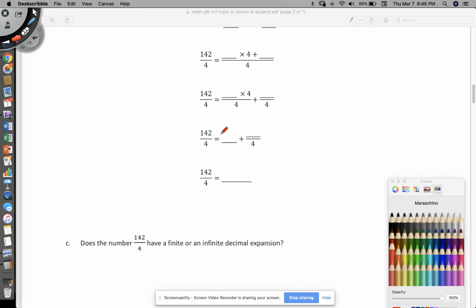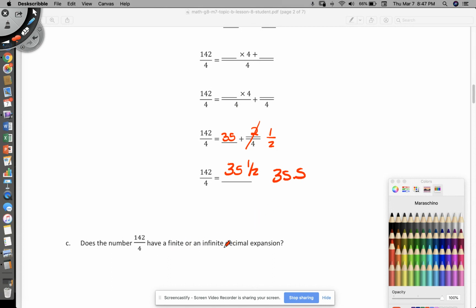And so our final answer, I'm just going to write back that last step, which was 35 and 2 fourths. And I know this can break into a half. So 35 and a half, which makes sense because when we did it on the calculator, we had 35.5 show up. So there you go.